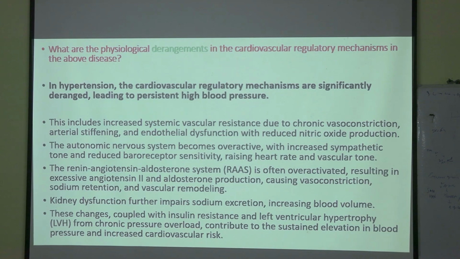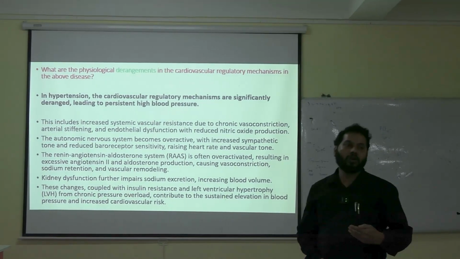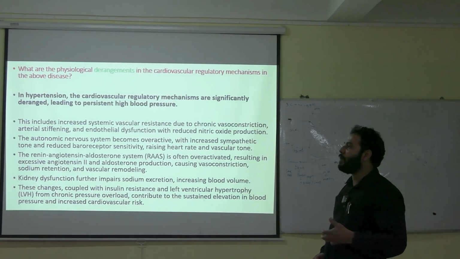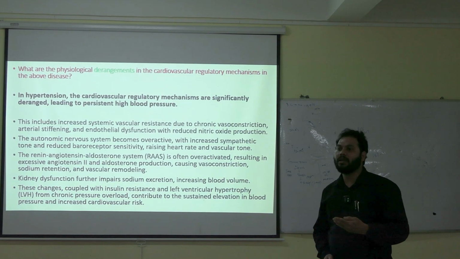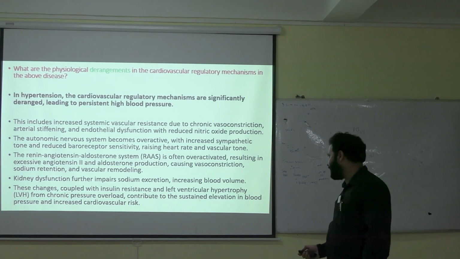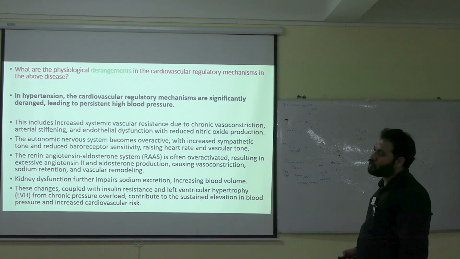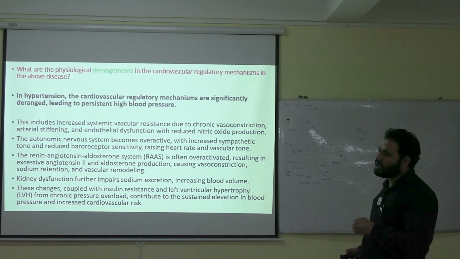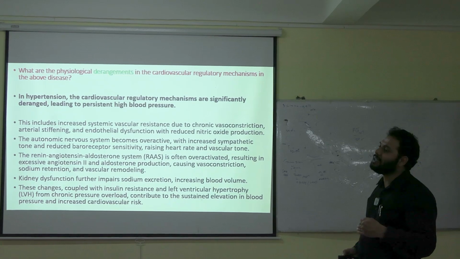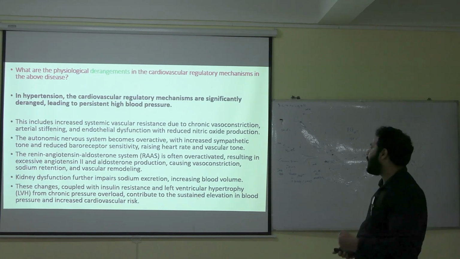So increased blood volume also promotes the pressure rise, ultimately increasing the blood pressures and the developments of hypertension. So these are some important pathological derangements that occur during the developments of elevated blood pressures as well as hypertension.